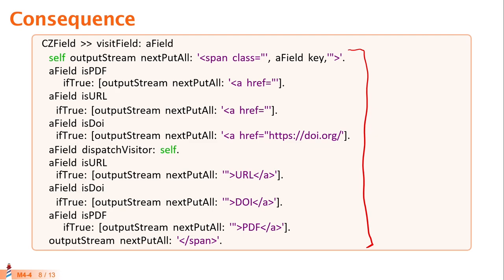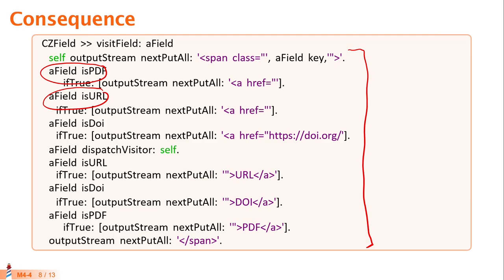We are having different behavior depending on the type of the field. If we have a field that is a PDF, we will produce the output in a single way. If it's a URL, in another way, and so on. What this method is doing is generating HTML code, depending on the kind of field that we have.